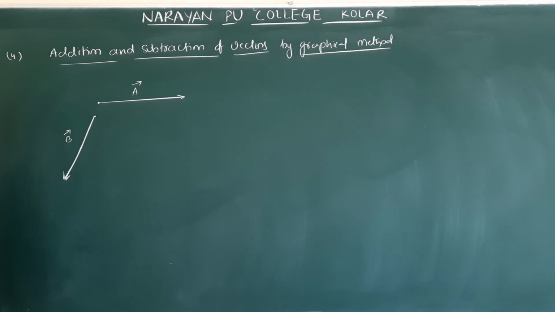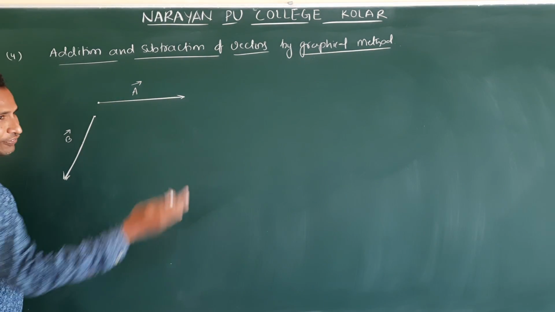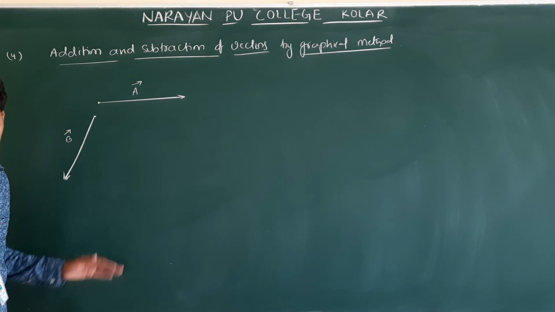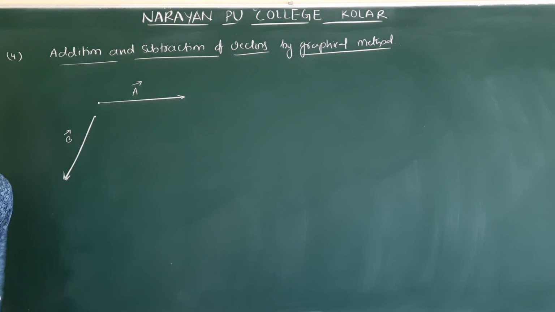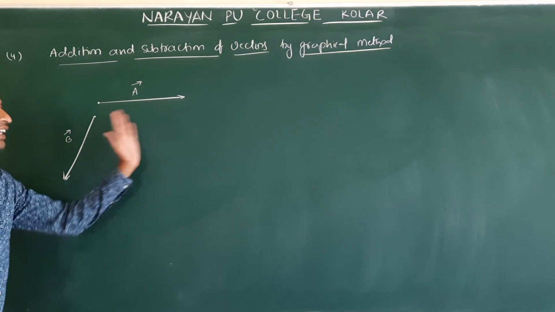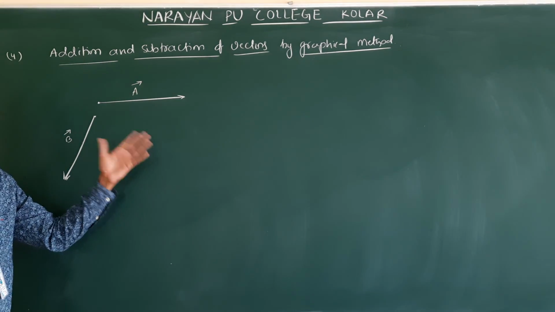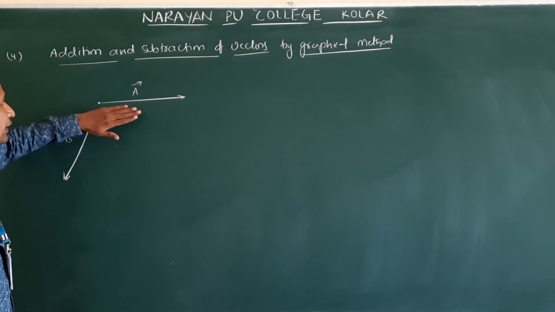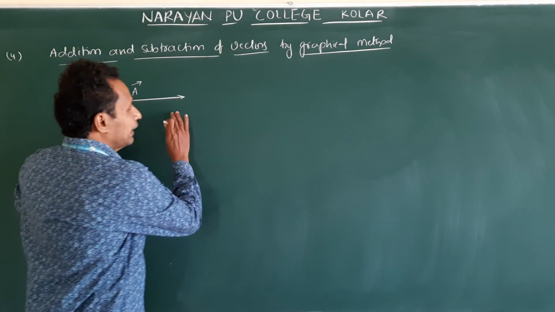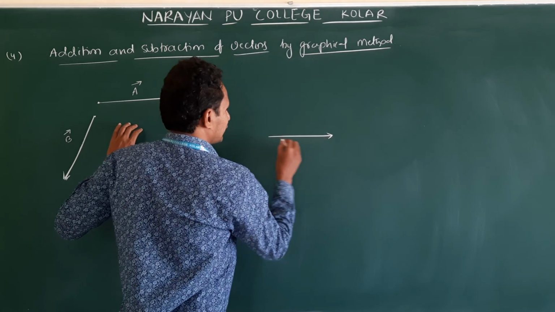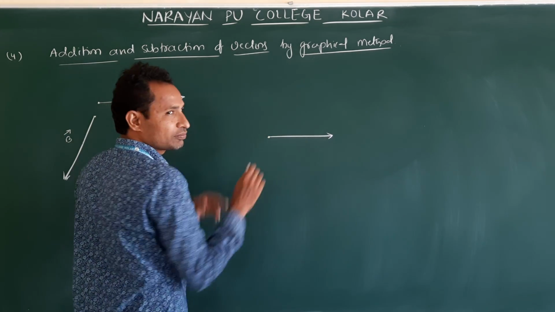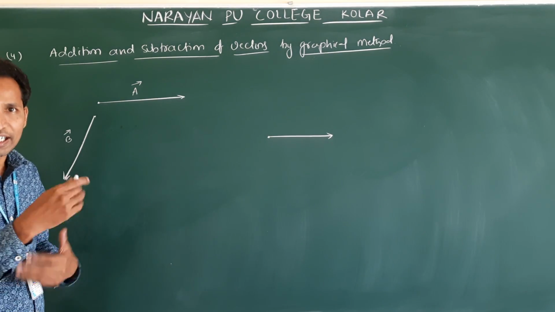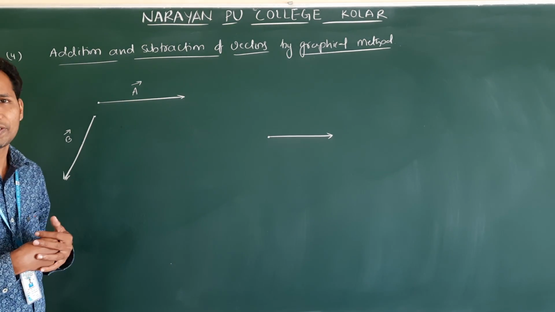That is, we can slide the vector parallel to its direction. If we slide the vector parallel to its original direction, by sliding, we do not find any effect in the direction as well as the magnitude. Suppose A is a vector, I can shift this vector to here. That shifting will not affect the direction and magnitude of the vector.